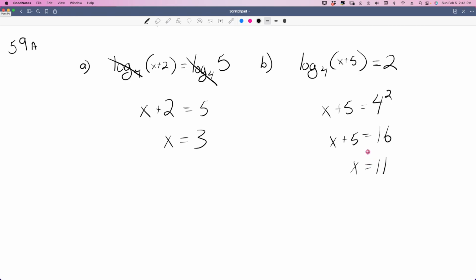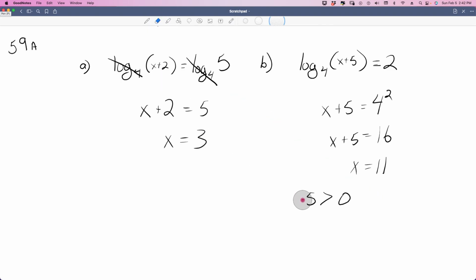And so then we must check to see that using 11 for x will result in a positive argument for that particular function. So we say x plus 5 is greater than 0, and then we would have 11 plus 5, which would be 16 is greater than 0, so that would work.